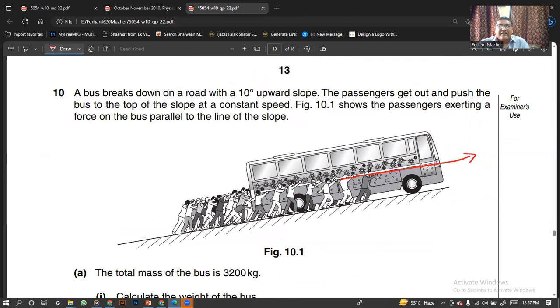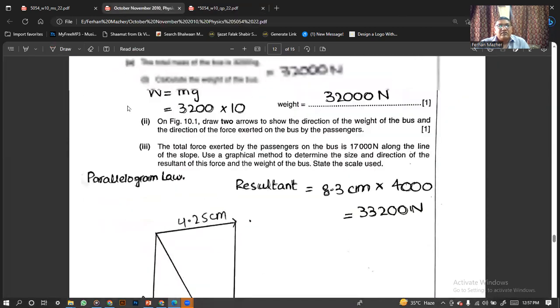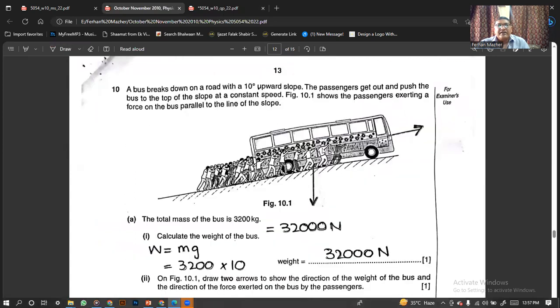And the weight of the bus will be acting exactly downward like this. Okay, so let me show you. Here you see the force of the passengers, that is along the slope, and this is the weight of the bus.